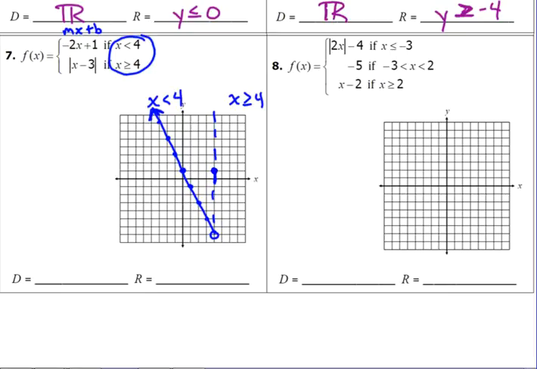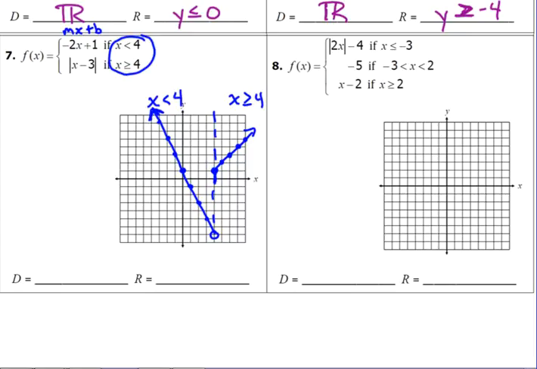So at (4, 1), I have a point. And then I'm going to plug in 5. 5 minus 3 is 2. Absolute value of 2 is 2. I'm going to plug in 6. 6 minus 3 is 3. Absolute value of 3 is 3. I'm going to plug in 7. 7 minus 3 is 4. Plug in 8. 8 minus 3 is 5. So that's what the right side of this function looks like.